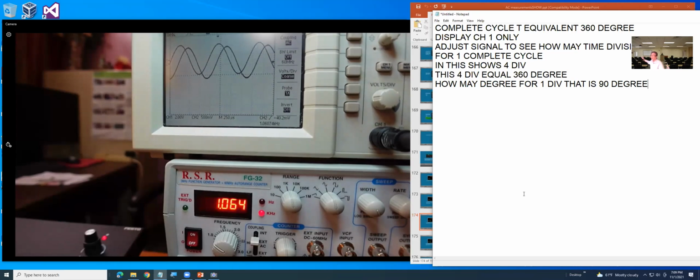Okay, so you can see, either way you want, between the top of channel 1 and the top of channel 2. How many divisions?